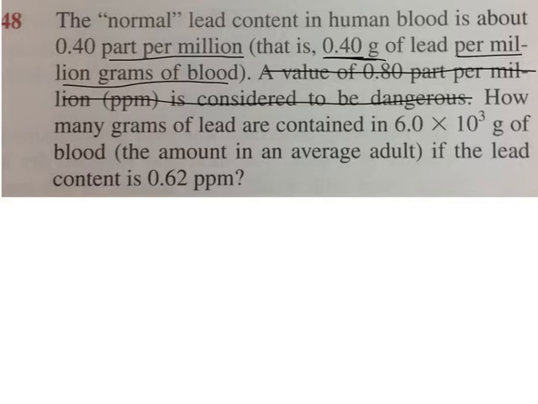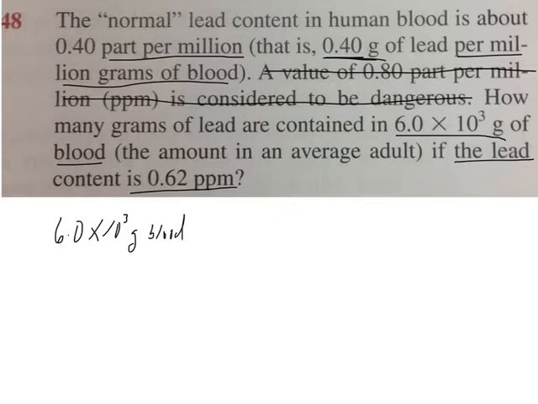We have the amount of blood, 6.0 times 10 to the third grams of blood. And we've got the lead content in ppms. So I'm going to write down, I've got 6.0 times 10 to the third grams of blood. And then I've got 0.62 parts per million of lead.